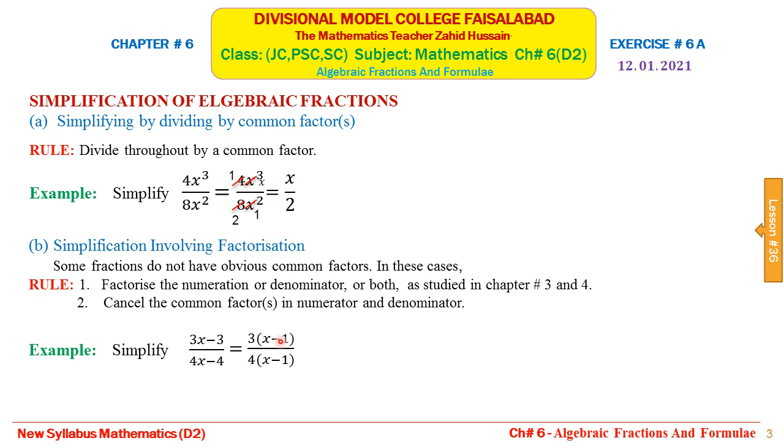Similarly, 4 is common in the denominator and we will be left with x minus 1 in the denominator. Now x minus 1 is common in numerator and denominator. We will cancel out these two and we will be left with 3 by 4 as an answer.